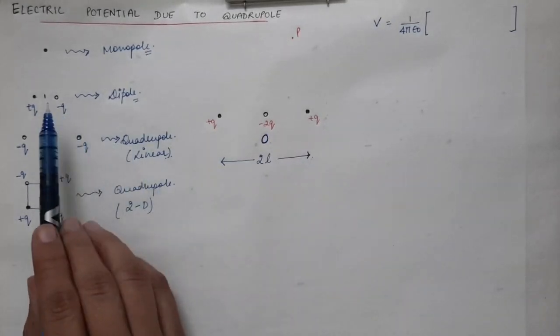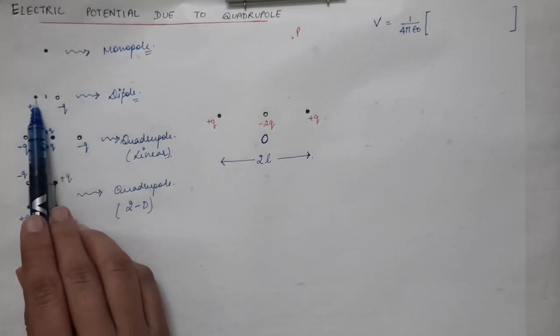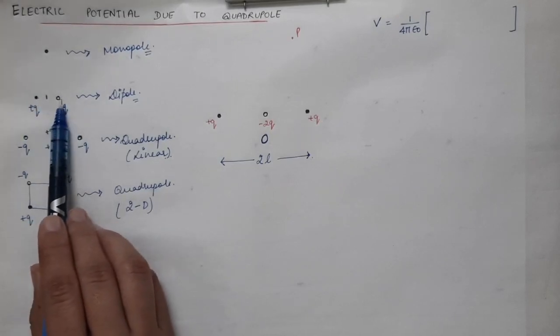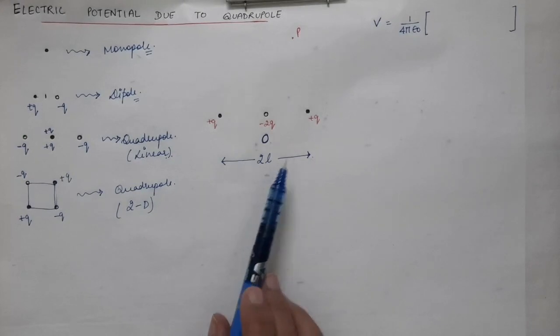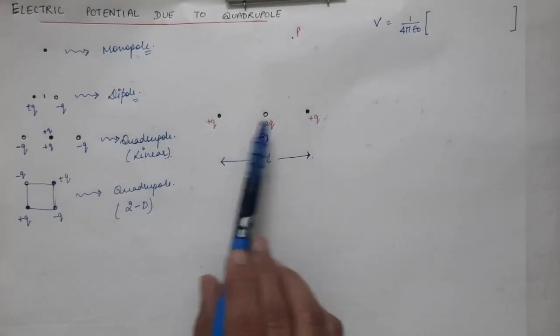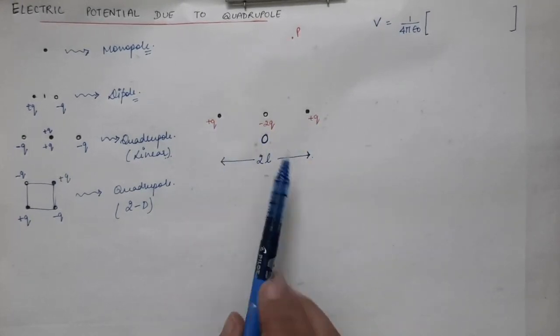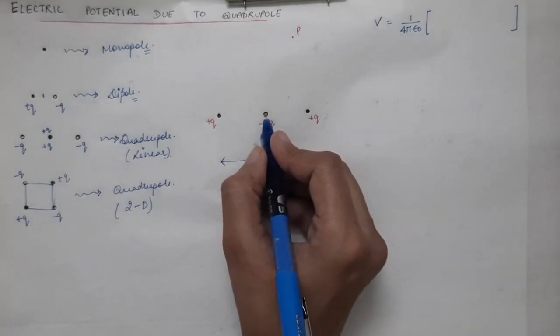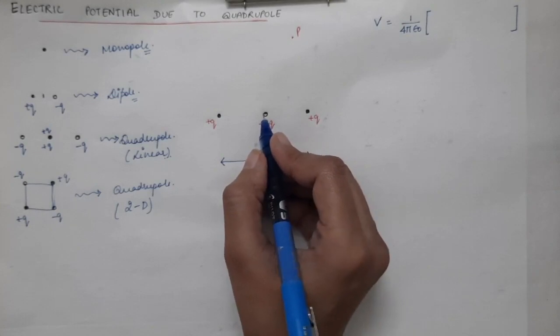As in the case of electric dipole, we considered the distance between these two charges to be twice L. So in this case also the distance between these two charges is considered to be 2L, and this is considered to be the center of the coordinate system, that is the origin of the coordinate system.